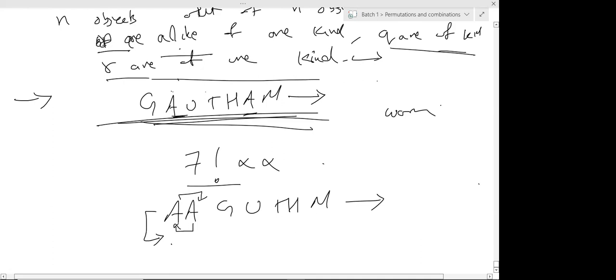So the formula for this is n factorial upon p factorial, q factorial, r factorial. Write down the formula, then I'll explain. All right.